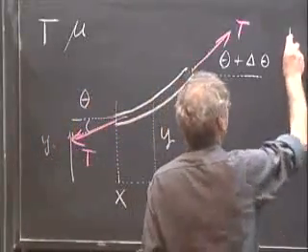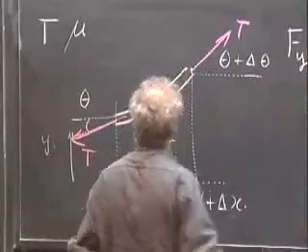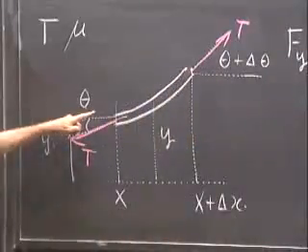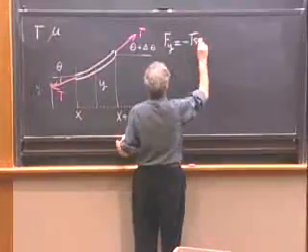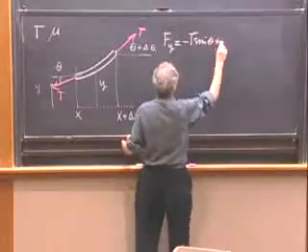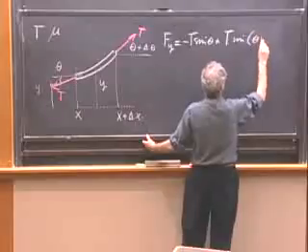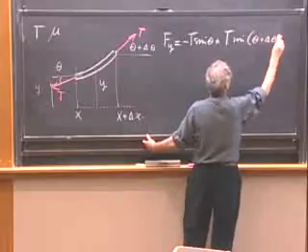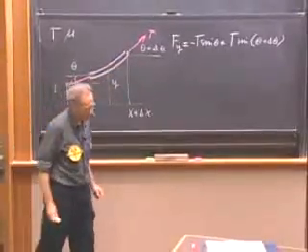So I will concentrate exclusively on the motion in this direction, which drives it back to equilibrium. And so F of y on this segment is then minus T sine theta, because this component is down, minus T sine theta plus T sine theta plus delta theta. Because this component in the y direction is driving it away from equilibrium.